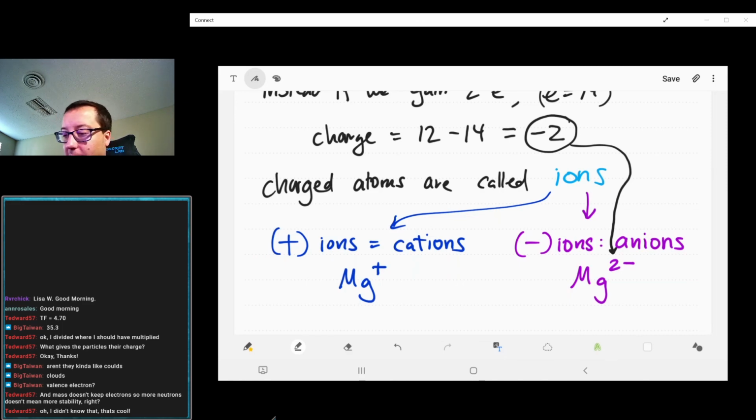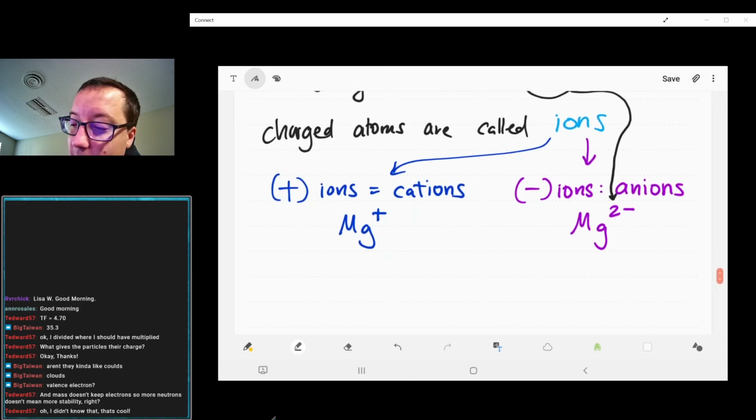Some biologists will actually write the minus twice. They'll write Mg minus minus, for example, if this were the case. Magnesium doesn't really ever form negative ions, but that's okay, we're just doing generic stuff right now. So just so you know, we will be writing the number first and then the sign.